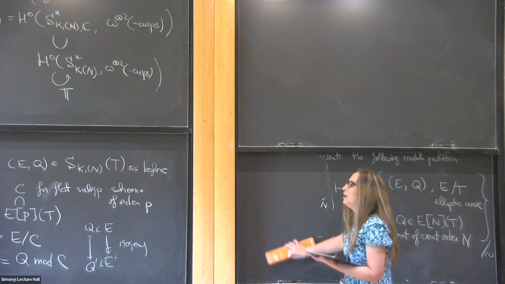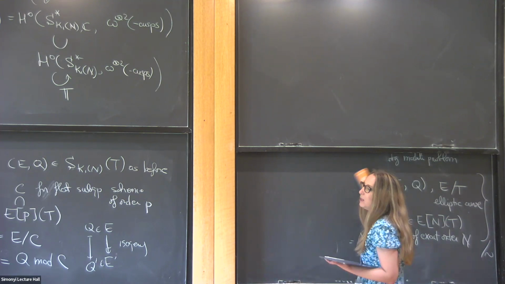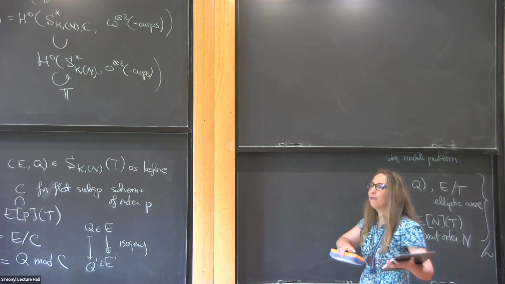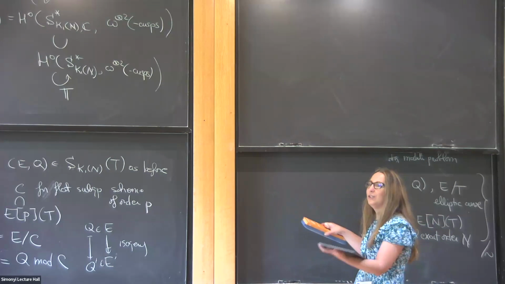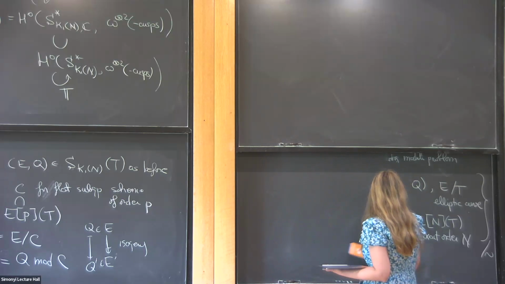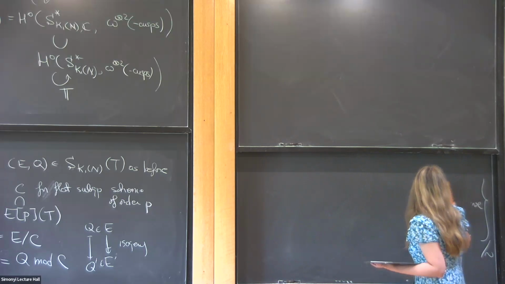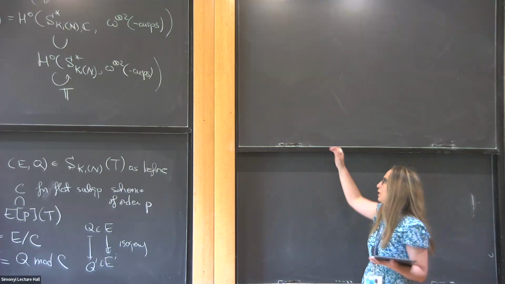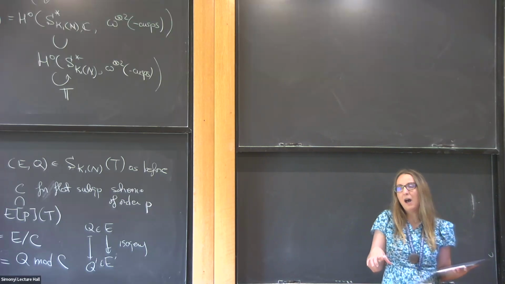So far, we've taken our modular form and passed it through these various cohomology theories, going from analysis to arithmetic geometry and showing that the coefficients are algebraic. But now we're going to actually construct a Galois representation.